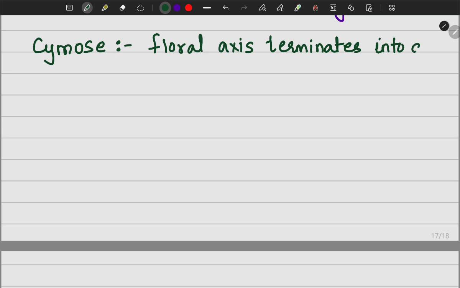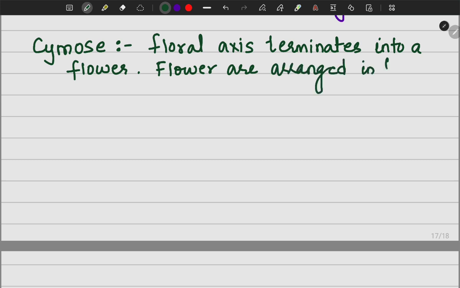So in cymose inflorescence, the floral axis terminates into a flower. That means it bears a flower and then it stops growing, the floral axis or the peduncle. And the lateral flowers, or the flowers which are born laterally, are arranged in basipetal order.